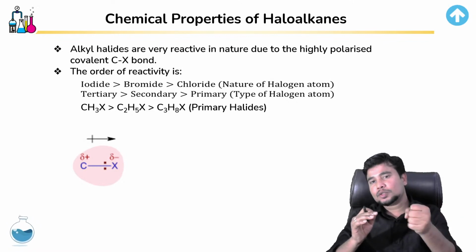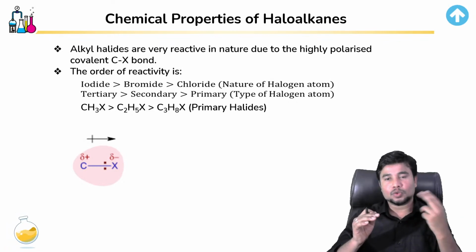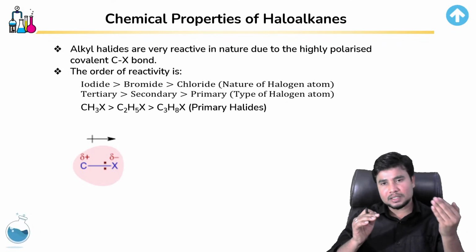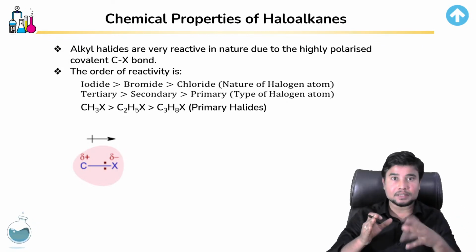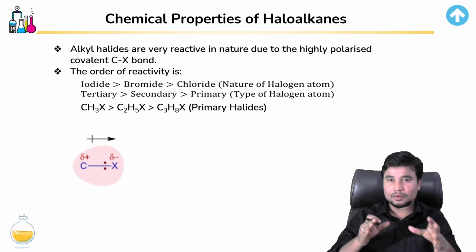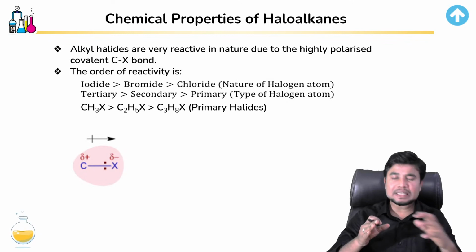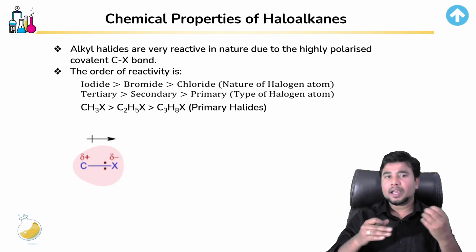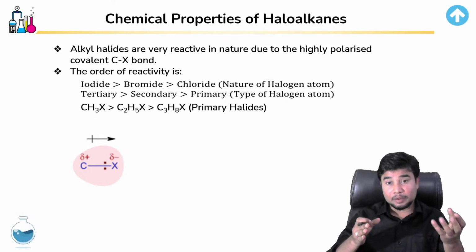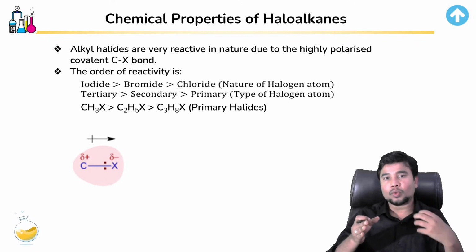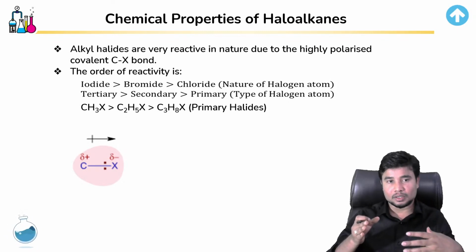It has a tendency to attract the electron pair towards itself. Since it attracts the electron pair, the other atom it is attached to would be lacking electrons, devoid of electrons.